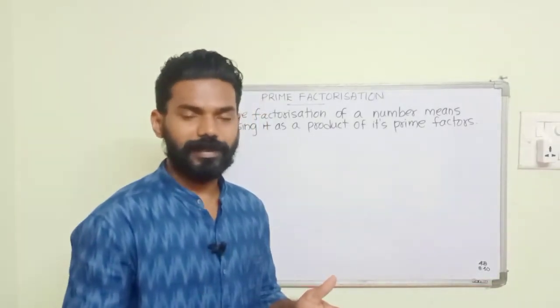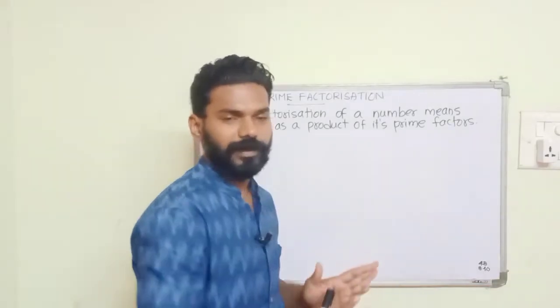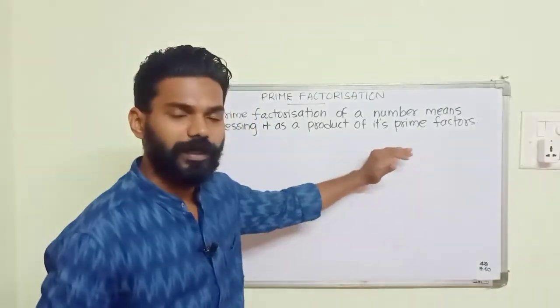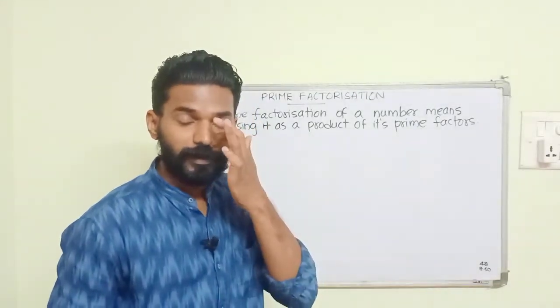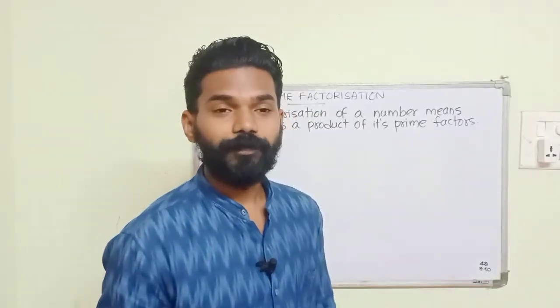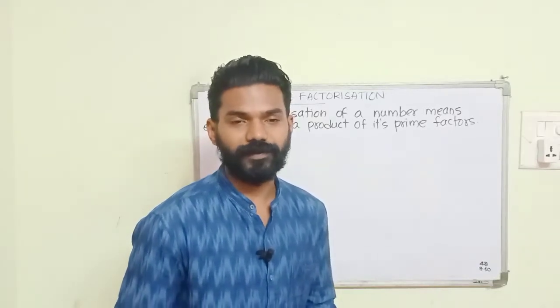Prime factorization means we are writing the number as a product of its factors, but all those factors must be prime factors. So prime factorization is expressing the number as a product of its prime factors.